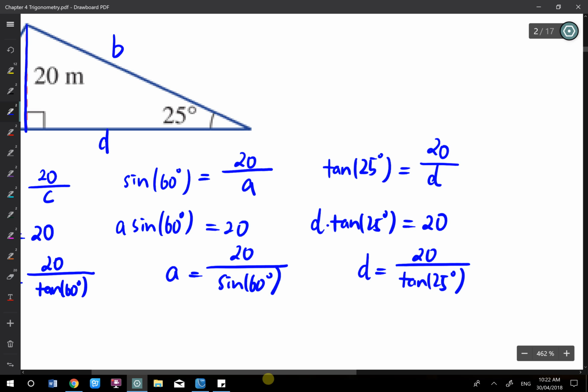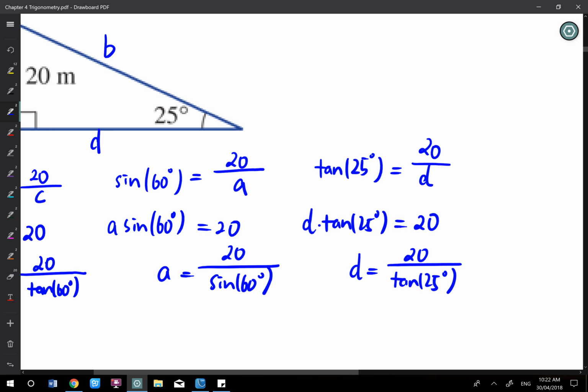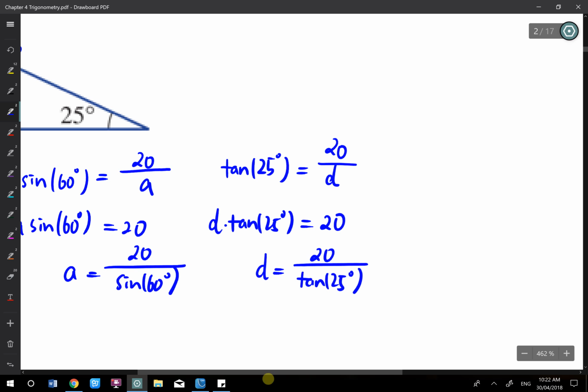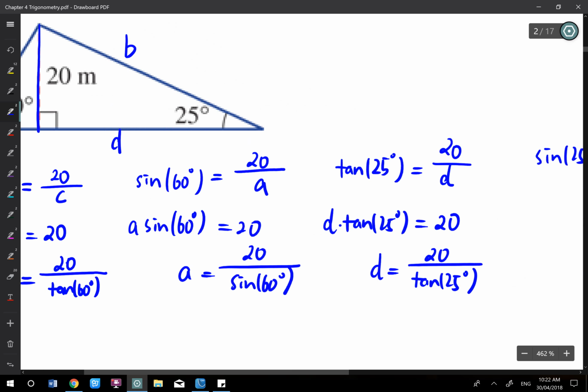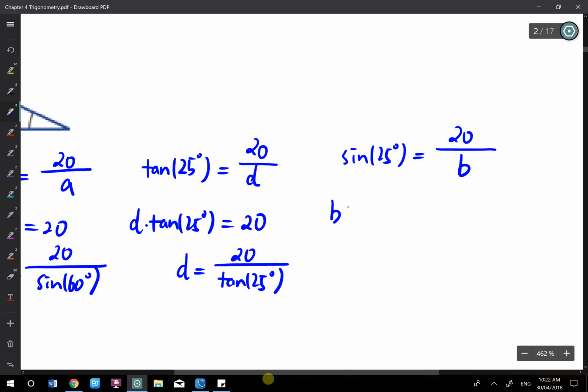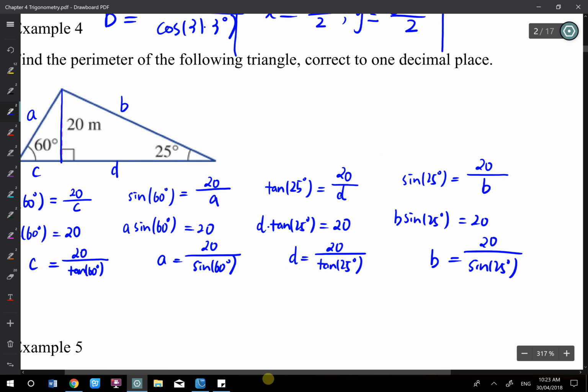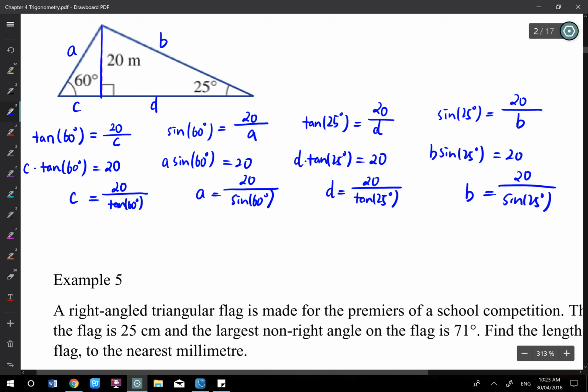That's how I look for D. And the last one will be sine 25 degrees equals 20 over B. So B sine 25 equals 20, and B equals 20 over sine 25 degrees. I make it smaller for you to look at.